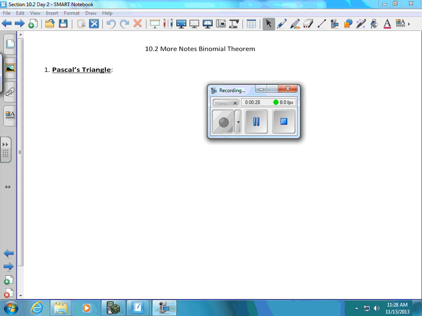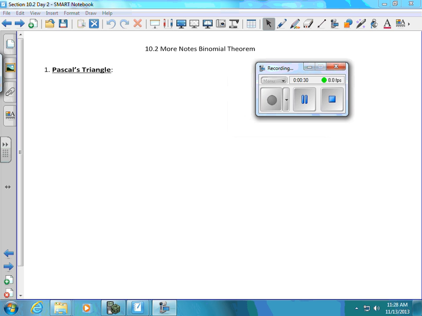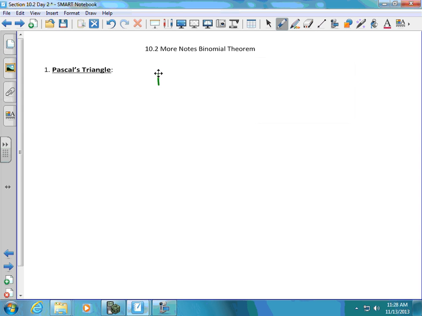So Pascal's triangle. Pascal's triangle is just what it is. It looks like a triangle. We start at the top with a 1. That's what's always at the top. As we proceed, we call this our row 0. Row 1 has 2 1s in it. Still not very interesting. Still hard to see a pattern.